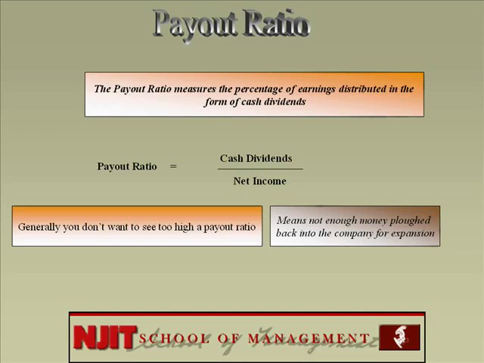So they didn't get it in the form of dividends, but they certainly got rewards in the form of increase in stock price. So they're not doing badly at all. So a high payout ratio is good if you're a speculator. It's not good if you're interested in capital appreciation. That is, you want to stick money in and wait for the stock price to increase.